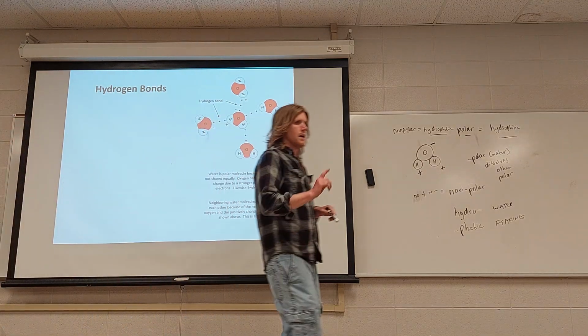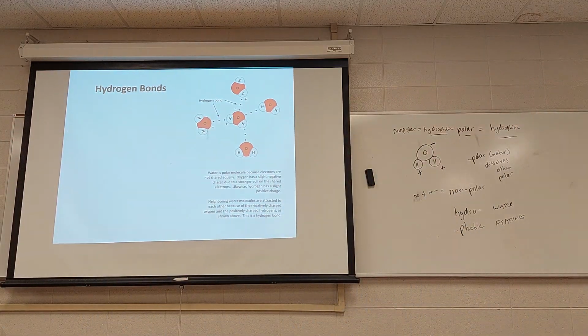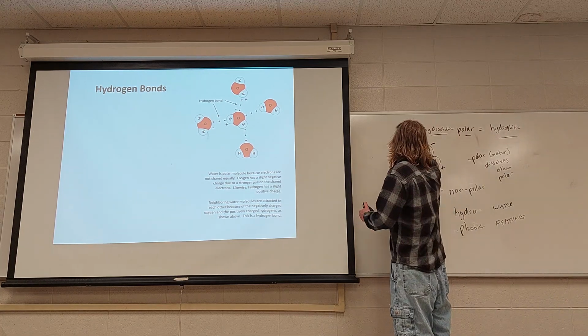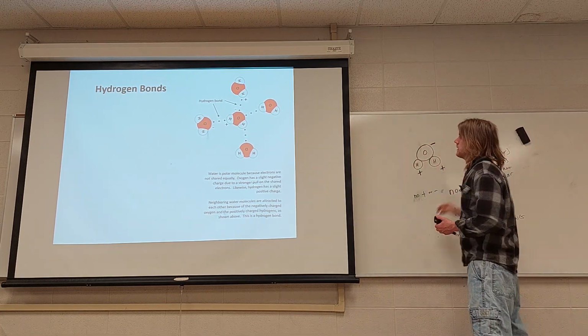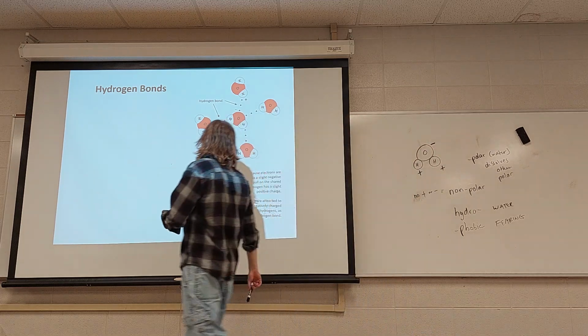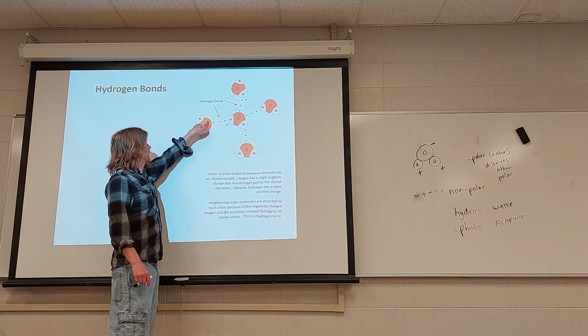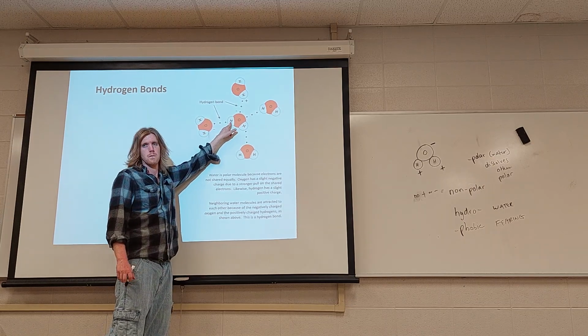Hydrogen bonds, I hinted at those in the last lecture, so now let's talk more about them. Take a look at this beautiful picture up here. Oxygen is negative, hydrogens are positive.